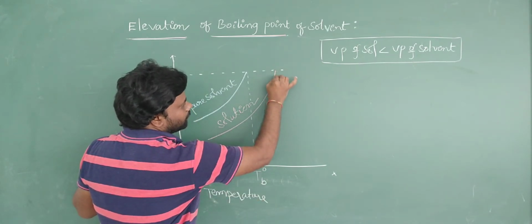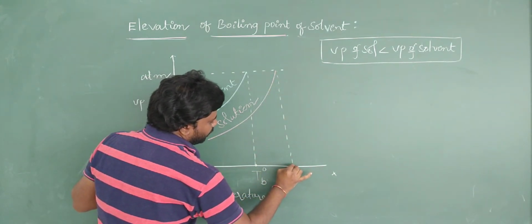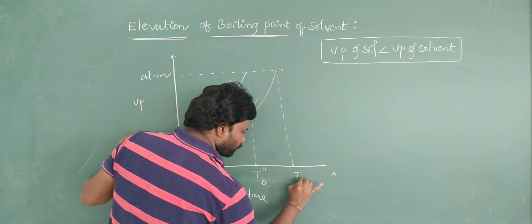Now the line is drawn like this, and this point indicates the boiling point of the solution.